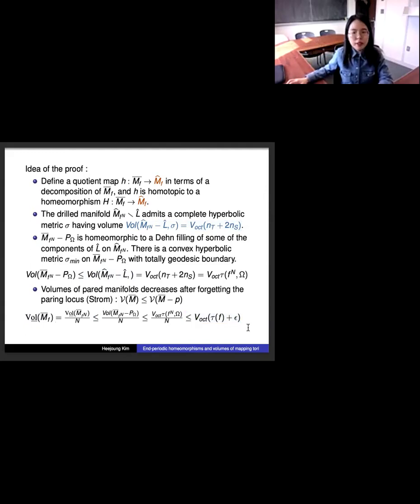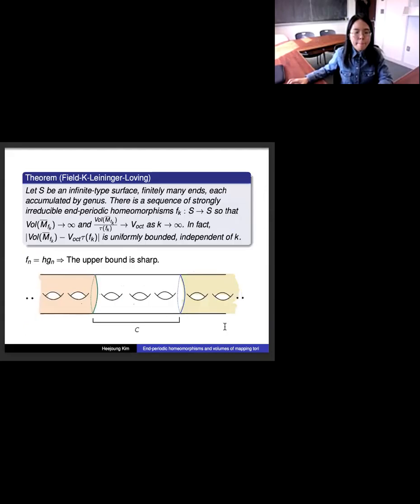Okay, let's move on. In fact, our irreducible and periodic homeomorphism examples show that the upper bounds are sharp in the following sense. There exists a sequence of strongly irreducible and periodic homeomorphisms such that the volumes are increasing and the ratio converges to the volume of the regular octahedron when k goes to infinity.